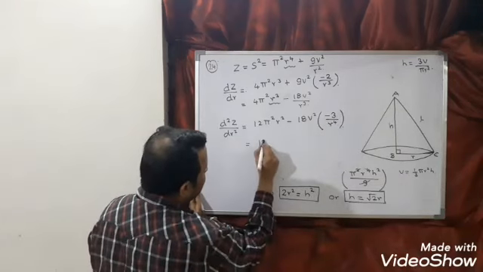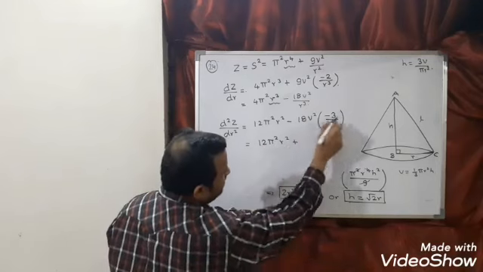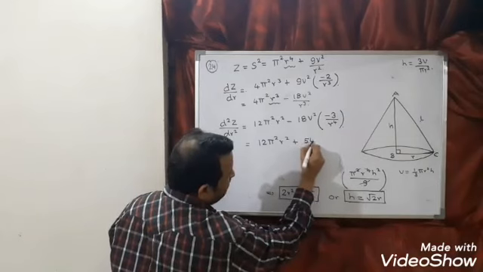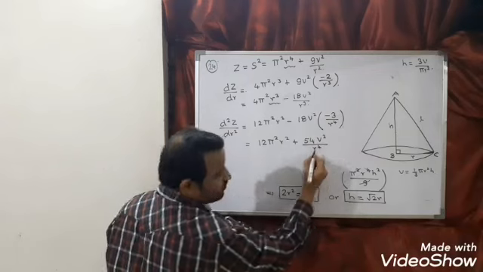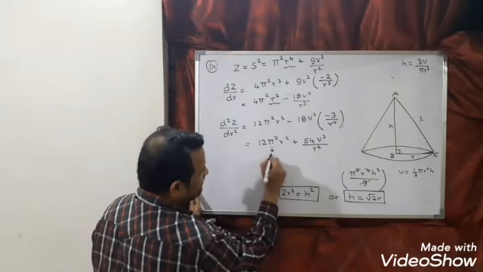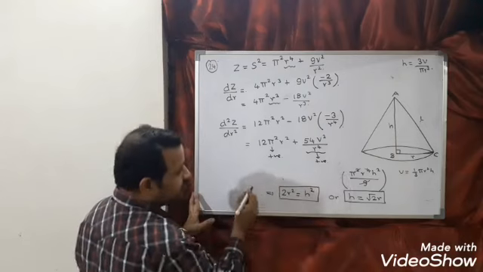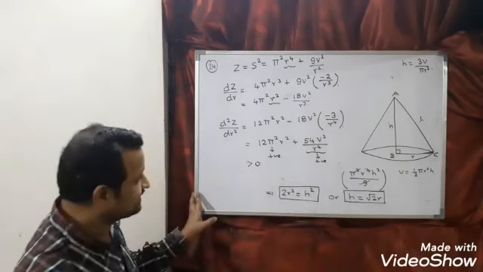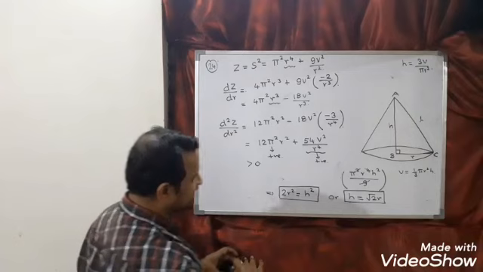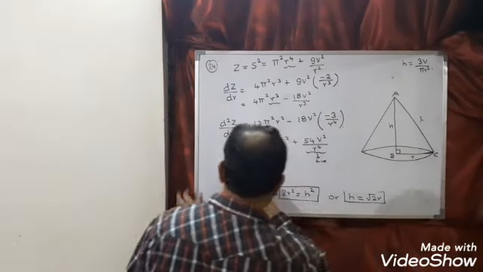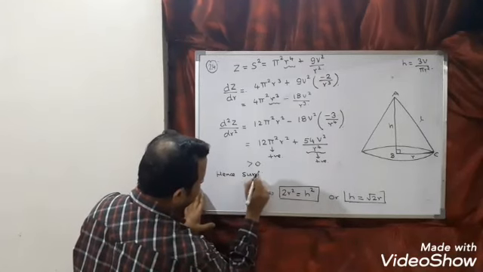So 12 pi square r square minus minus is plus, and 18 threes are how much? 54 v square divided by r to the power 4. You can see this value is positive and this value is also positive. So positive plus positive, total value is positive. So second derivative is positive, implies surface area is what? Minimum. Yes or no?